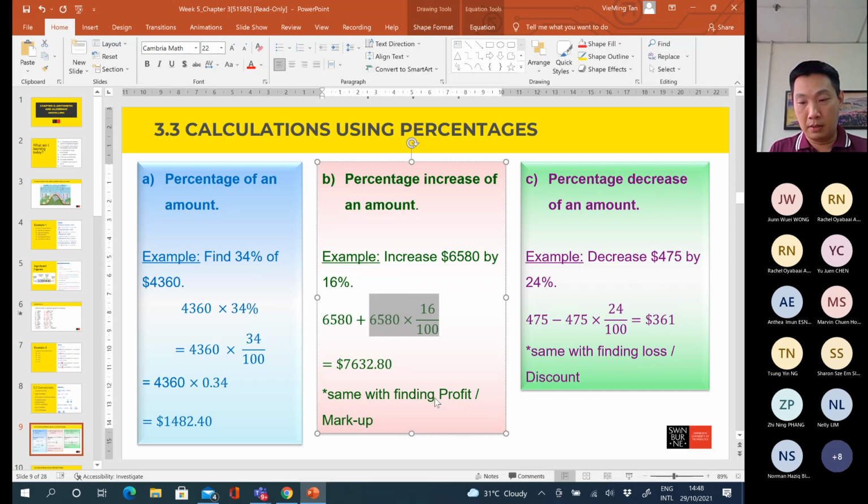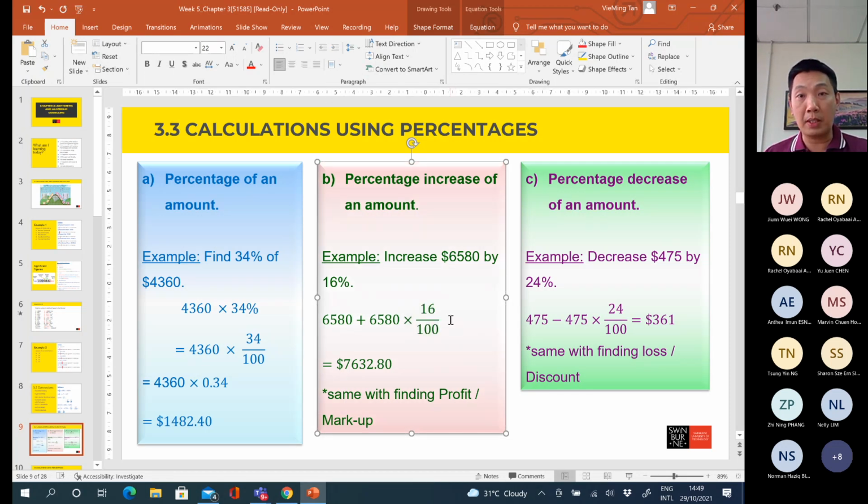Okay, let us try. 6580 multiply 0.16. So it's 1052.8. Okay, so 1052.8 plus 6580, you'll get 7632.80. Okay, I better show the working step by step.